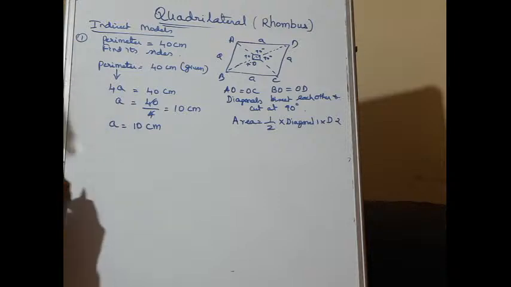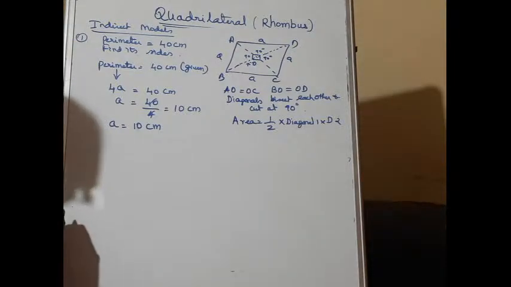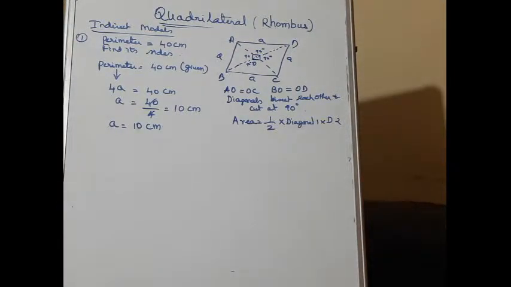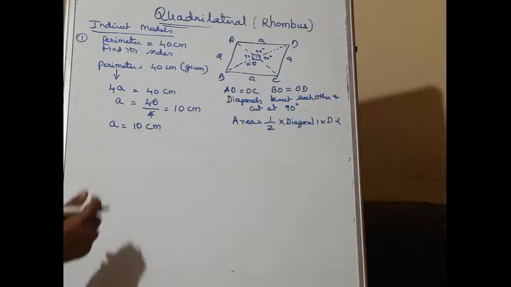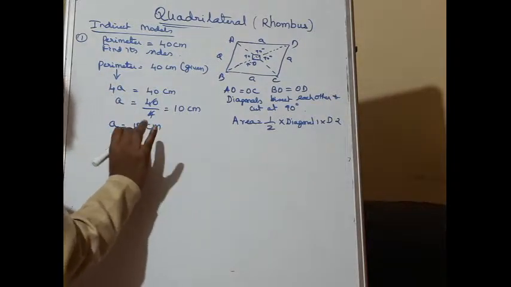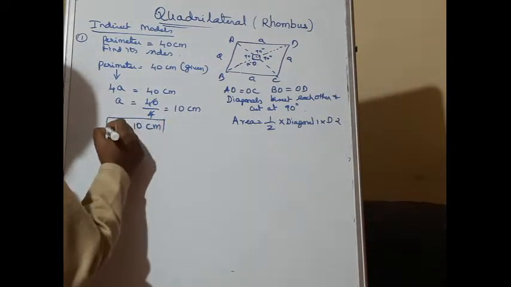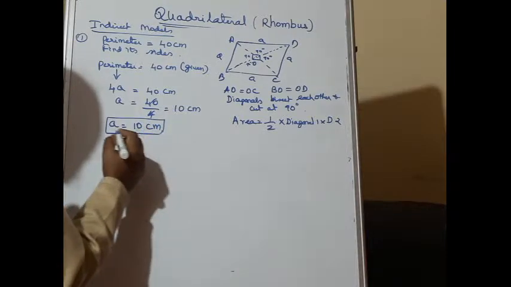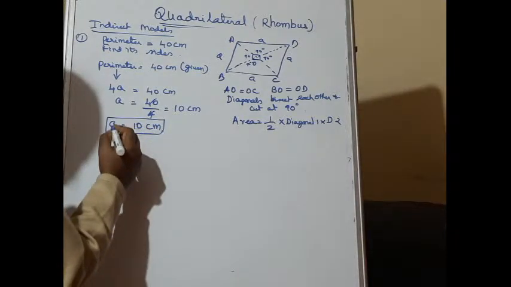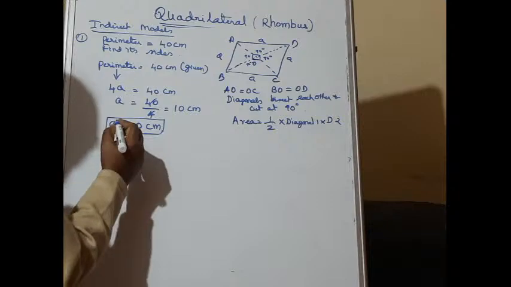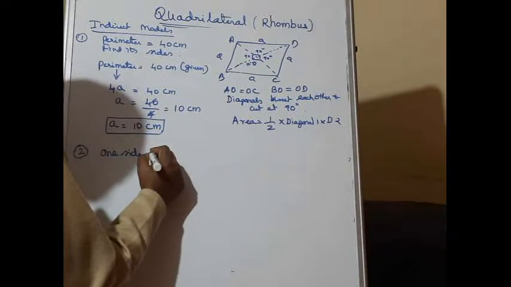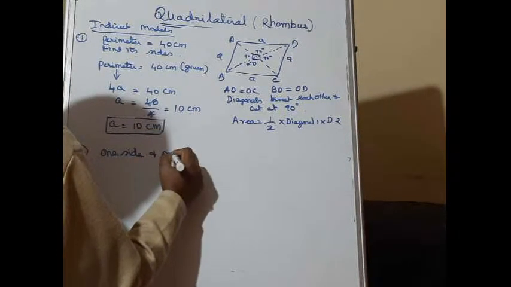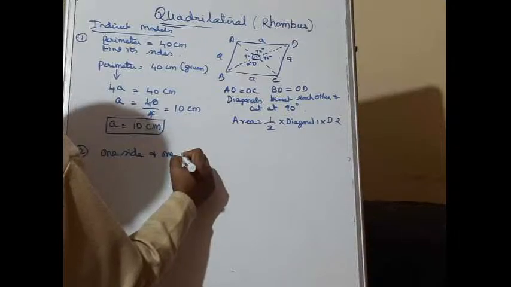If we finish that model, you can see the video afterwards also. Now we're switching to indirect model 2. One side, one diagonal.